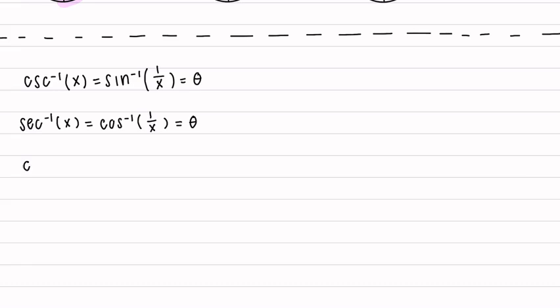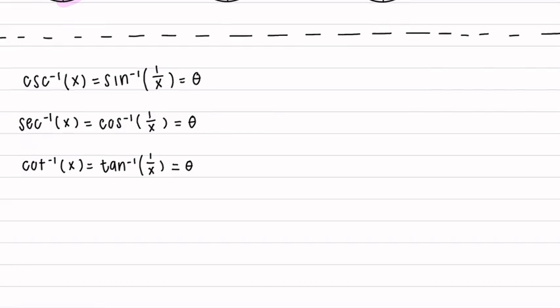And lastly, inverse cotangent of x would be inverse tangent of 1 over x, which would equal theta. All right, and there's actually a proof of this.